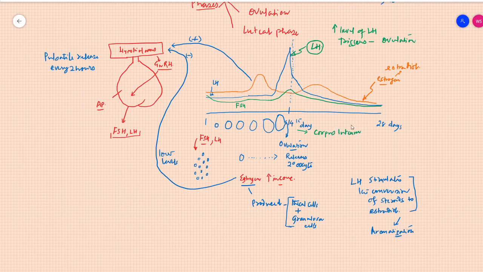So this corpus luteum secretes estrogen and progesterone. So this estrogen that is released by the corpus luteum is responsible for the secondary rise. So that is what we are saying here.